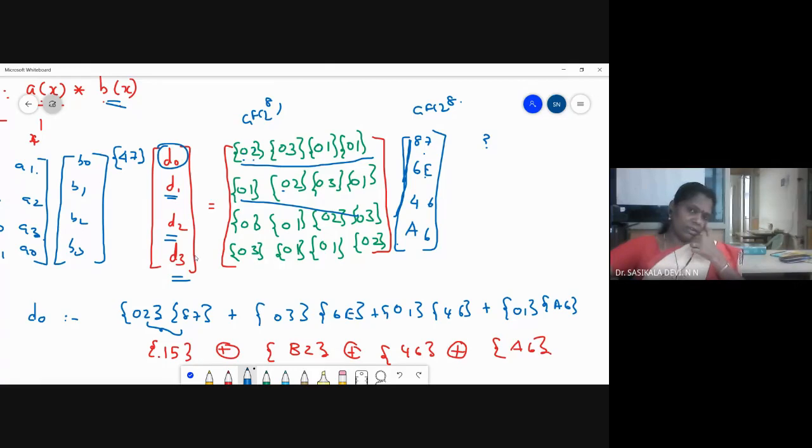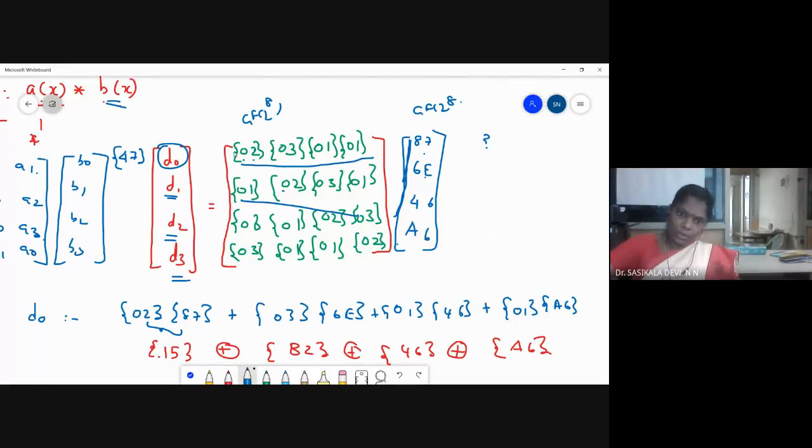In this way, to find one column in the AES algorithm, you need to do this arithmetic. Every time you do multiplication and then division, it will take time. So the shortcut is available here. All the operations are shifting and XOR, a number of shifts followed by an optional XOR.